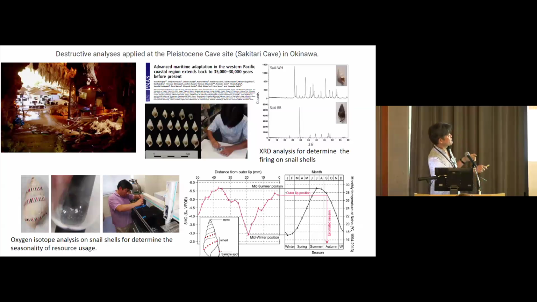And actually, we were able to know that Paleolithic people consumed these freshwater snails in autumn. So we can learn about Paleolithic human life through the oxygen isotope analysis of the snail shells.